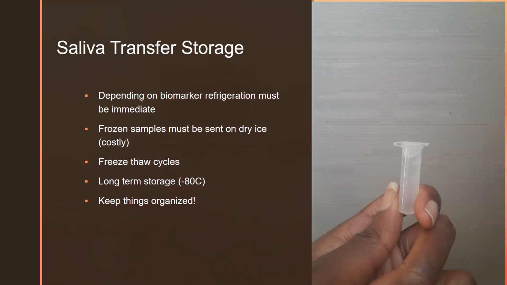But if you're not organized and you have sample 2 marked as sample 1, that's going to cause a lot of confusion on a lab end, and it's going to cause a lot of confusion on your end. So again, while it's all fun and dandy that we can get 4, 5 samples in a day, 12, 24 across 2 or 3 days, you want to make sure you keep things organized. You can't look at one saliva sample and another and tell what time they took it.